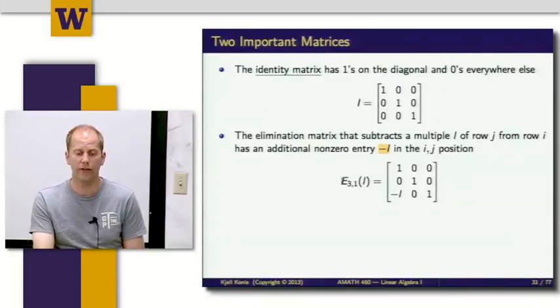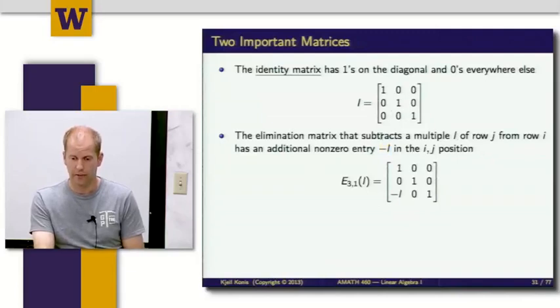So E31 is going to subtract 3 times row 1 from row 3. Is that right? I want to subtract a multiple of row j, so j is the second index, 3 times row 1, from row i, the first index, so from row 3.